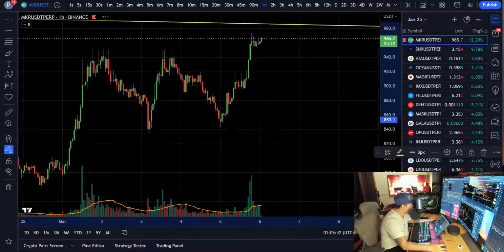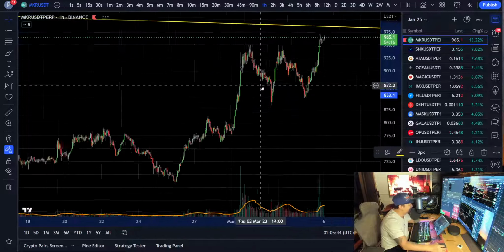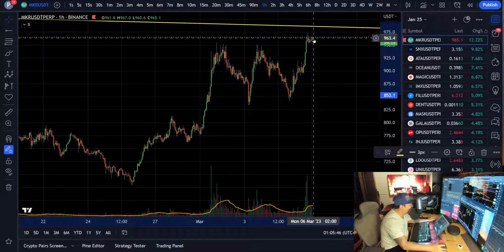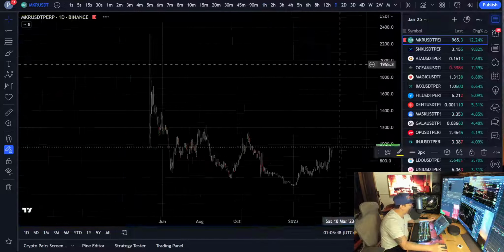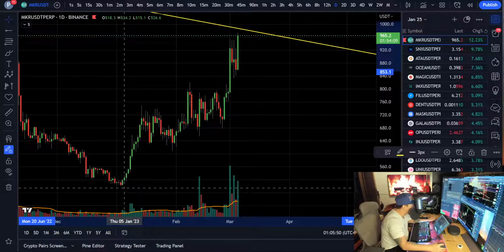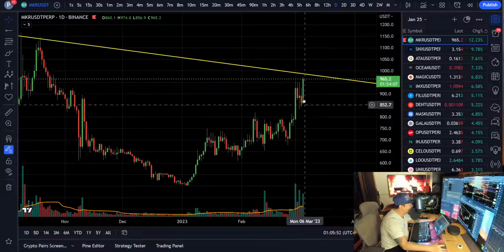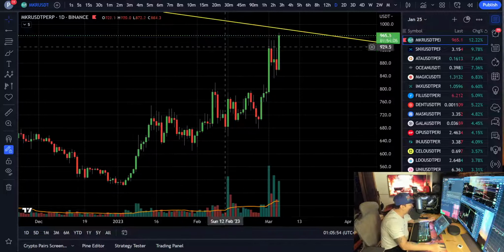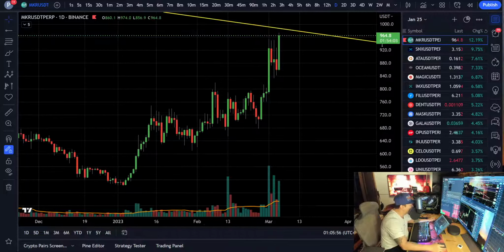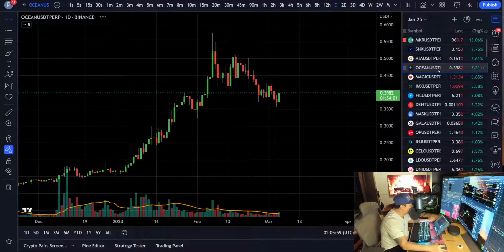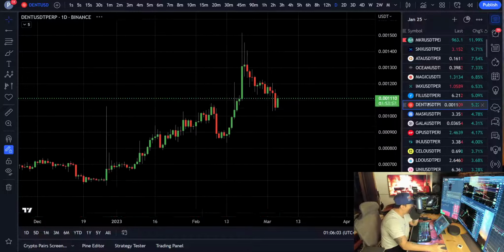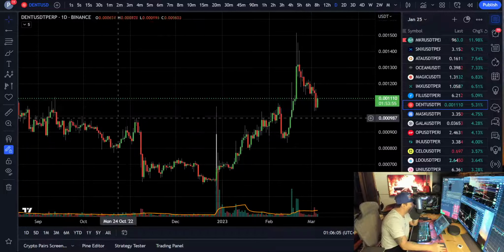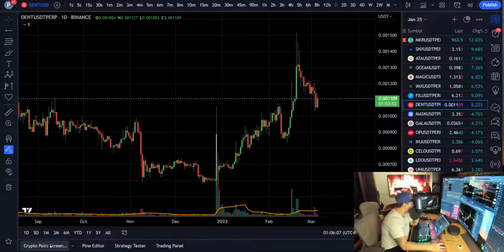But if you're also noticing something, MKR is the only coin that's actually at a higher high than the beginning of January. January was here. MKR is at a higher high than any time this whole year. But if you look at every other coin, they're not, except for SNX and AGIX. Every other coin reached the high the same time that Bitcoin did, and it's all falling down now.